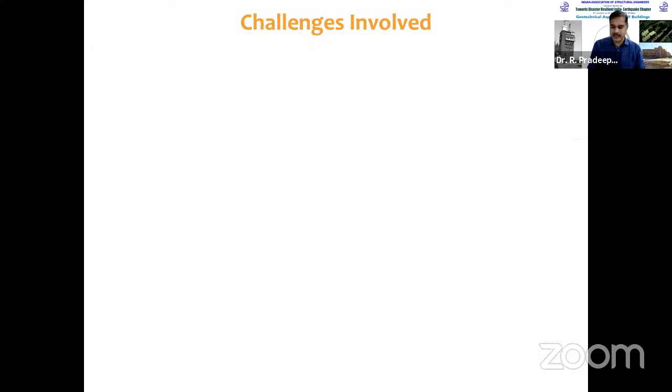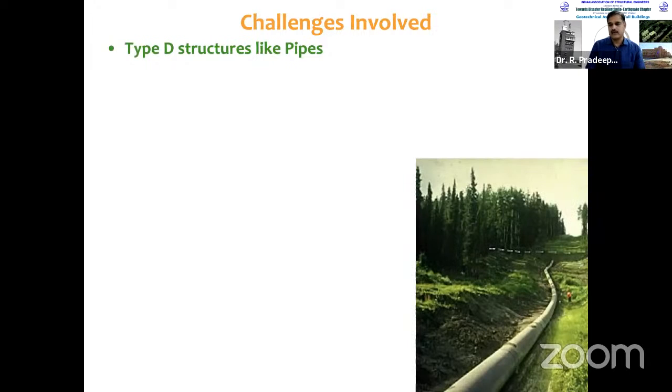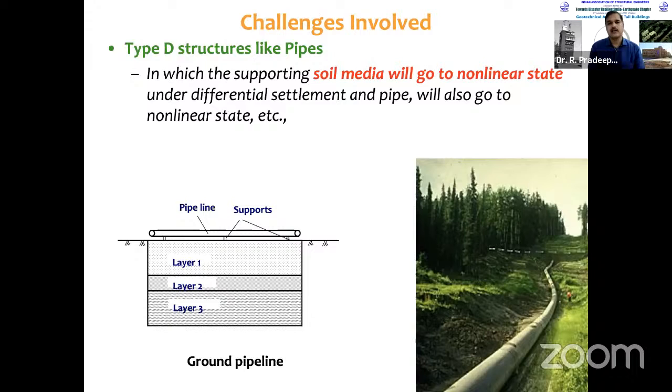And there is another category, type 4 structure, that is pipelines. Long pipelines going across the fault line, crossing the fault lines. In this one, the supporting soil media will go to a nonlinear state under differential settlement, and the pipe will also go into a nonlinear state. But our focus is on buildings right now.